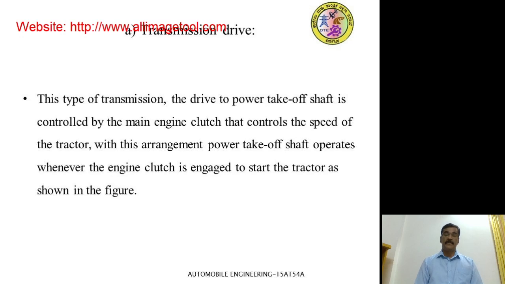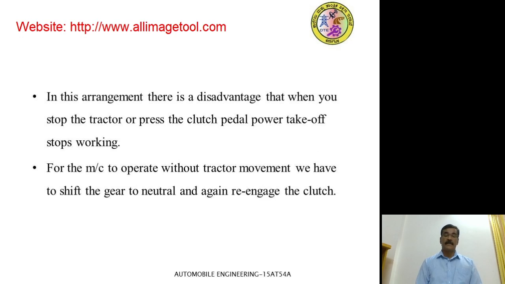Transmission drive PTO shaft. In this type of transmission drive, the drive to the power takeoff shaft is controlled by the main engine clutch that controls the speed of the tractor. With this arrangement, the power takeoff shaft operates whenever the engine clutch is engaged to start the tractor, as shown in the figure.